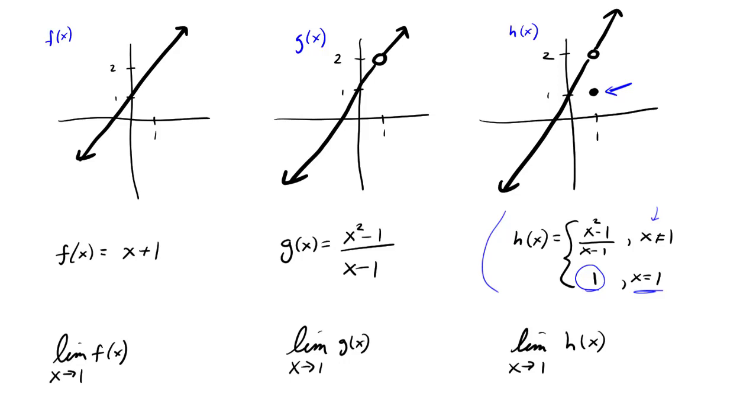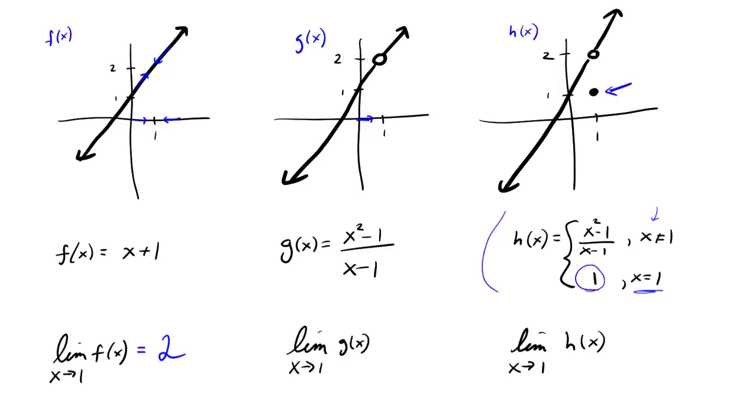Okay, so let's look at how this affects the limit if it does. We saw previously that if we approach 1 in f of x, then the function values approach 2. And we reasoned then that the limit of f of x as x approaches 1 is 2. Now let's look at g.